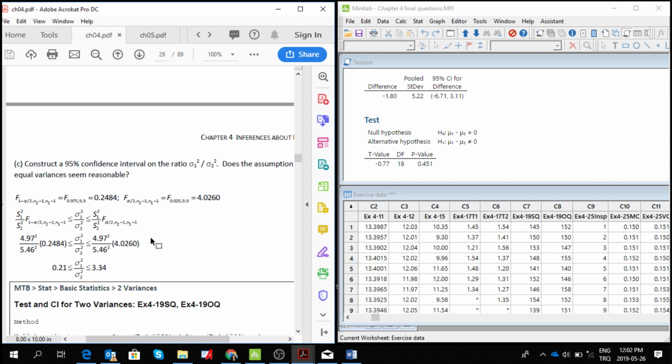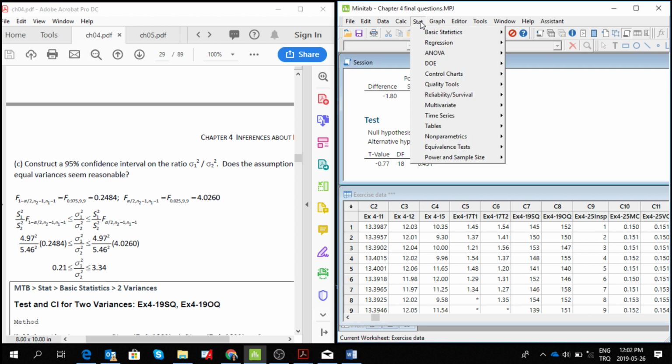The confidence interval is written as follows, but we can also find it from Minitab.